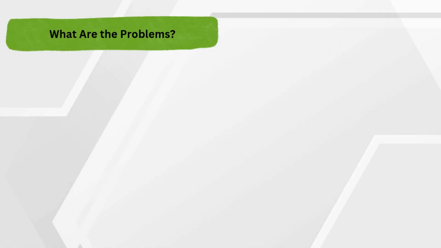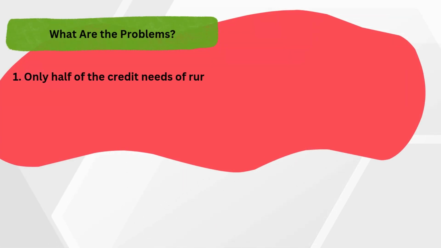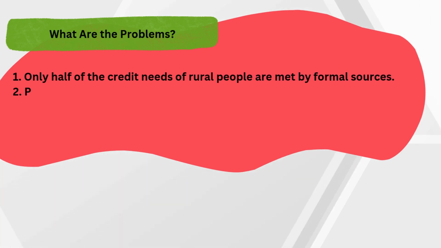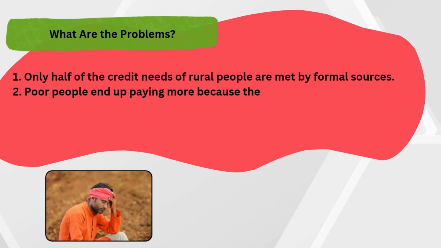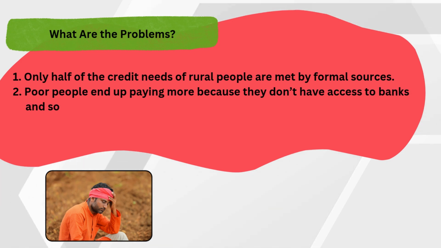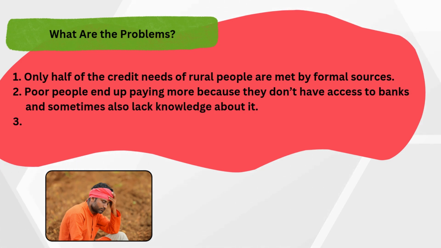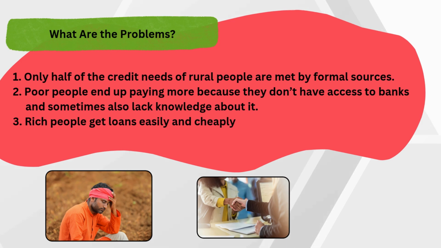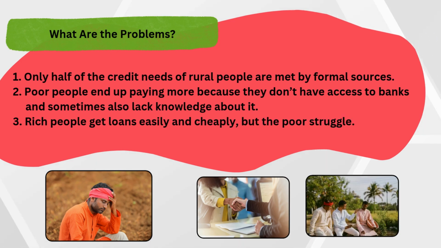Now what are the problems? Only half of the credit needs of rural people are met by formal sources. Poor people end up paying more because they don't have access to banks and sometimes also lack knowledge about it. Rich people get loans easily and cheaply, but the poor struggle. So what can be done?